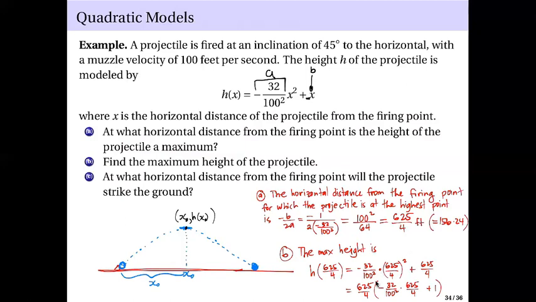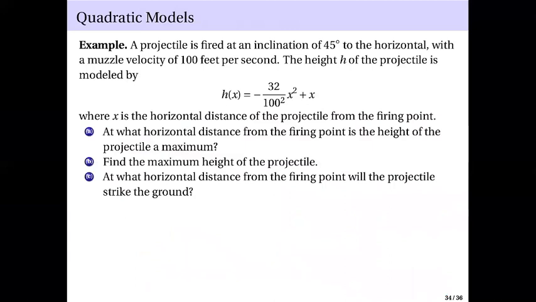Let us simplify this. 32 over 4, that's 8.